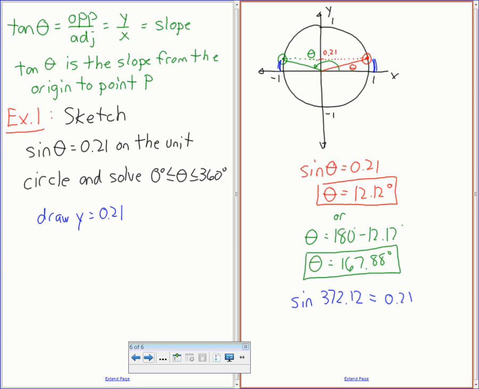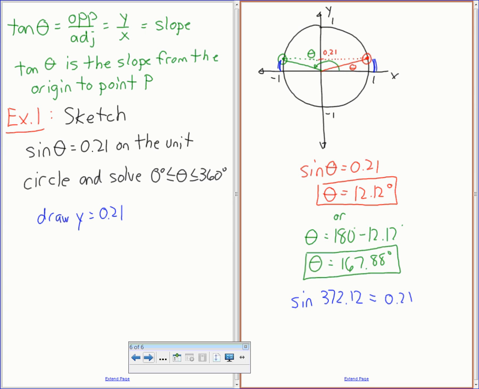Whenever you add a multiple of 360 to an angle, it should give you the same answer, so sine of that should still work out. This is fundamentally important for trig. What I just did was add 360 to it.